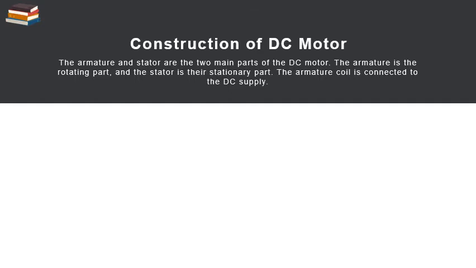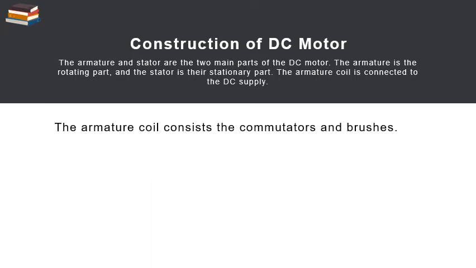The armature is a rotating part and the stator is the stationary part. The armature coil is connected to the DC supply. The armature coil consists of the commutator and brushes.